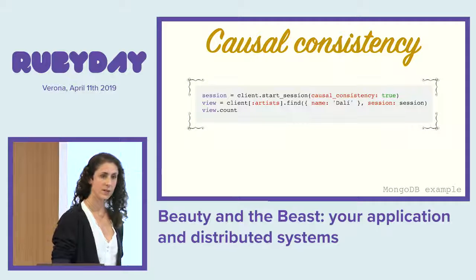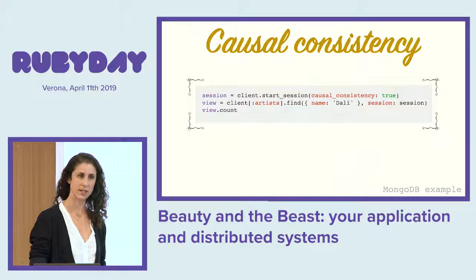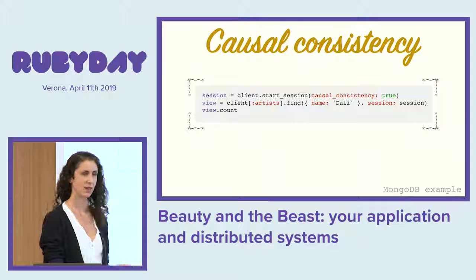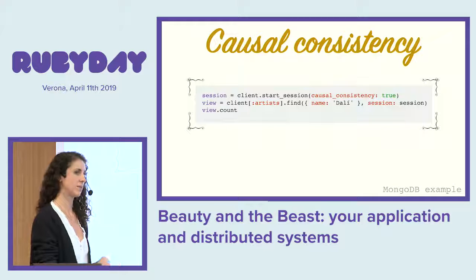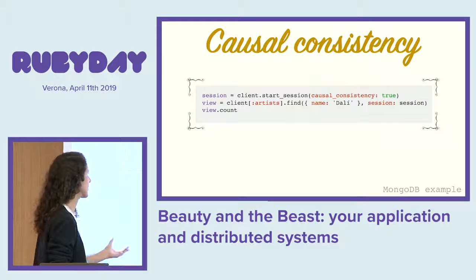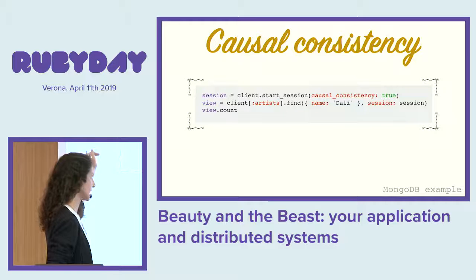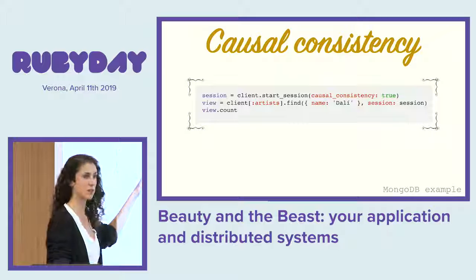And looking at a code example of this, MongoDB actually has causal consistency as an option on a session. And this is one of the last things I did at MongoDB before I left. We implemented sessions in MongoDB and in the drivers. So I actually wrote this code, or I implemented this. What it does is it creates a session, and you say you want it to be causally consistent.